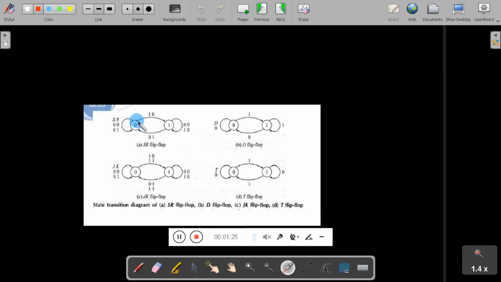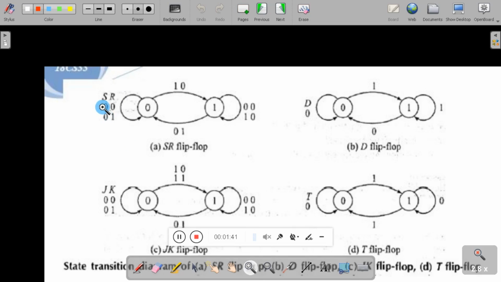Here you can see, when the flip-flop is in 0 state and has to move to the next state 0, the combination of SR is 0,0 or 0,1.